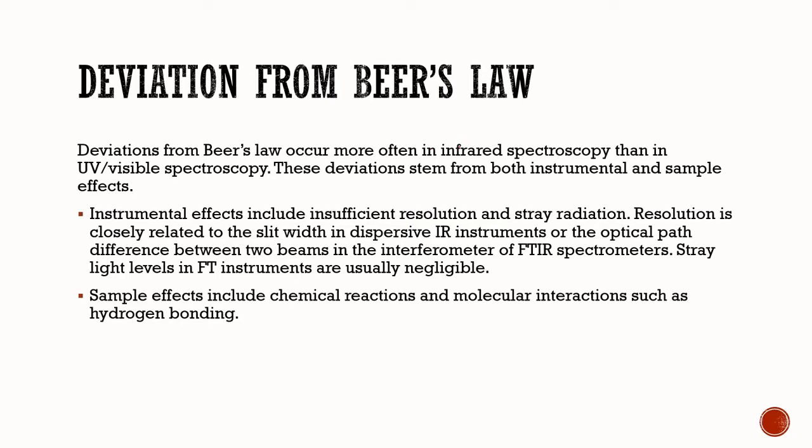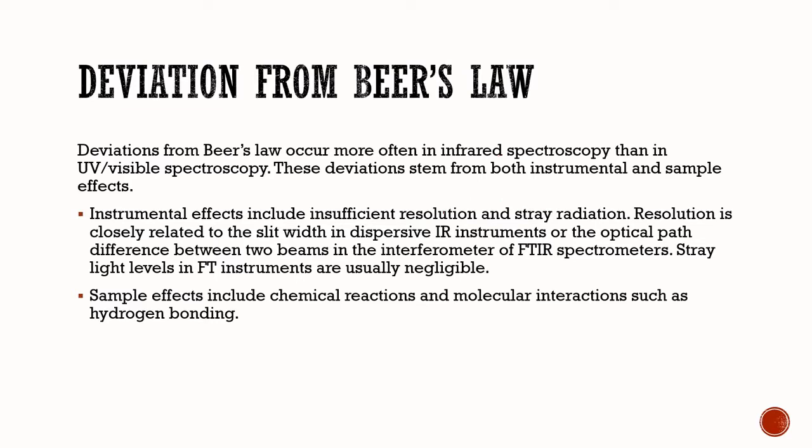Deviation from Beer's law in infrared spectroscopy is similar to that of UV visible spectroscopy, but the deviation occurs more often in infrared spectroscopy. I have already discussed the deviation. They are of two types: chemical deviations and instrumental deviations.